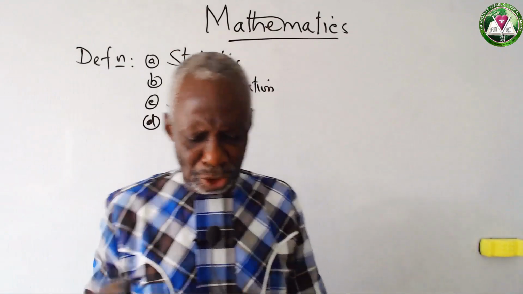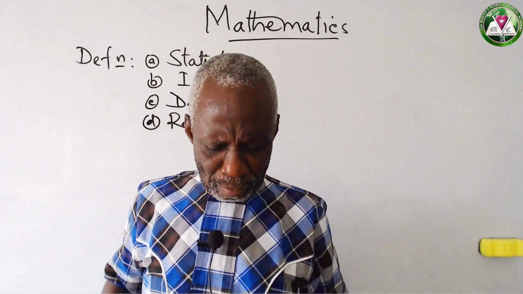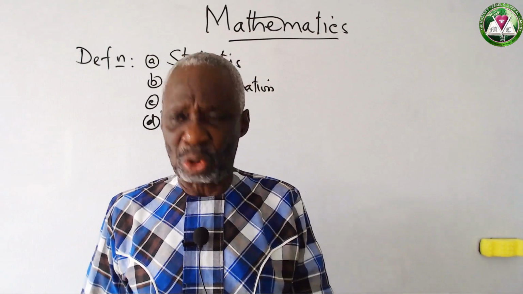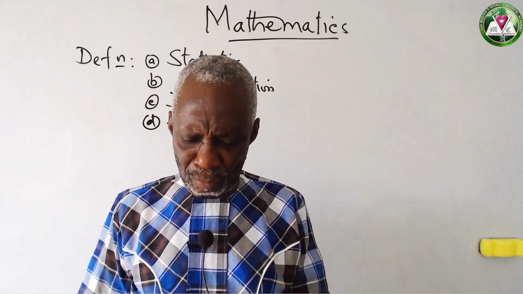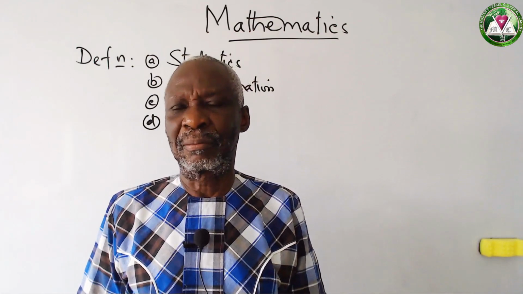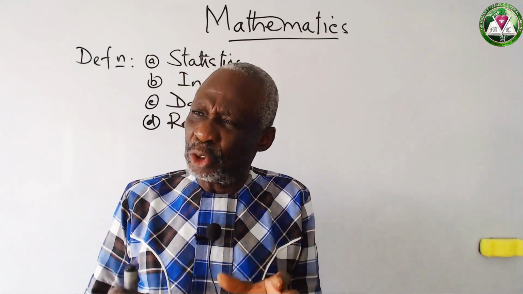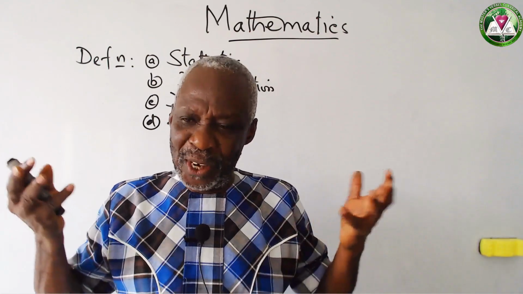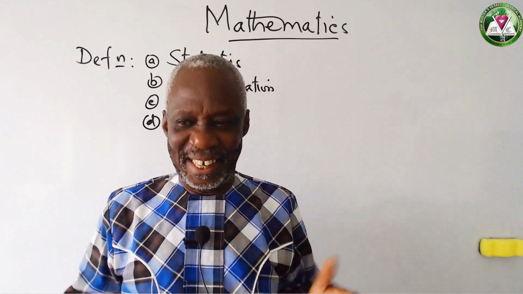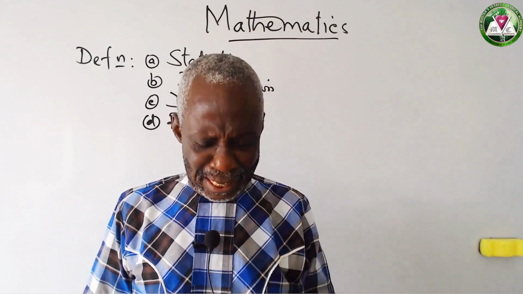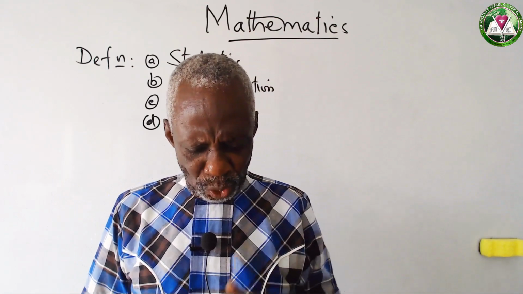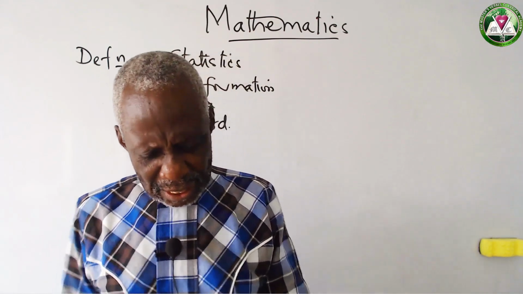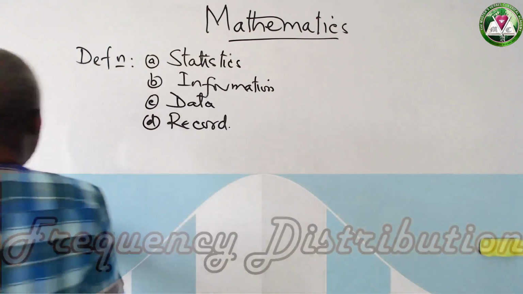Well, if you go to the dictionary, it will be giving you some meanings. But the one that we want to talk about is written information. You see, our definition is very, very short. But as we go higher, we start expanding it so that it will take care of some other aspects. So record.